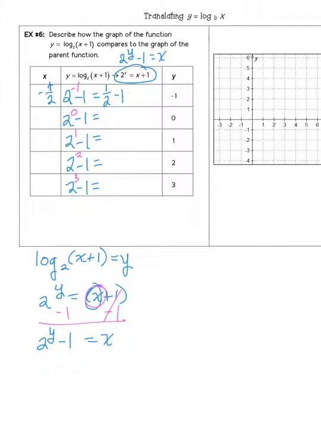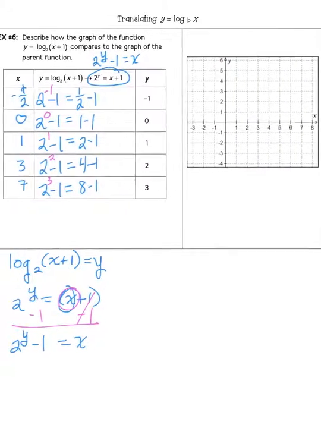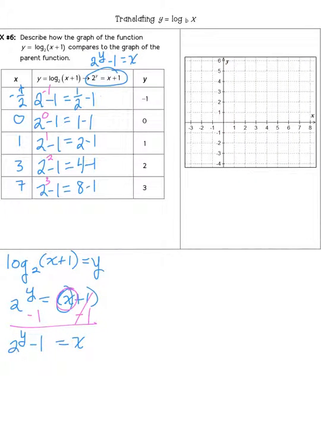And then 2 to the 0 is 1 minus 1, which is 0. 2 to the first is 2 minus 1, which is 1, so it's a cakewalk from here. 2 squared is 4 minus 1 is 3. And 2 to the third is 8 minus 1 is 7. So we're going to just plot, I'm going to move this over a little bit. We're going to plot our x and our y.